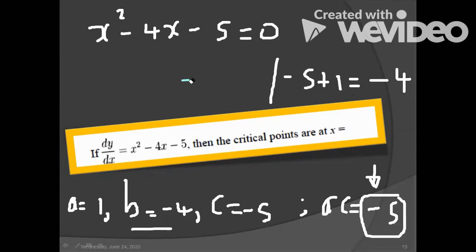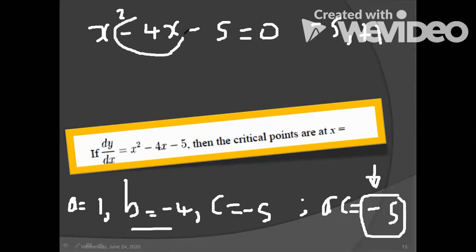Alright, now once you have identified those two numbers, this is what you do next. So let me write them down up here. So negative 5 and positive 1. Alright, so what we're going to do now is take the middle term, erase it, remove it.